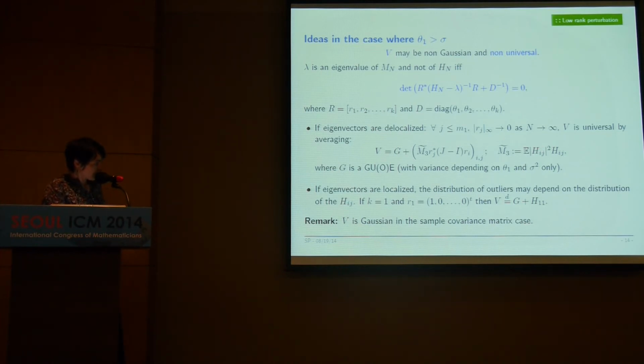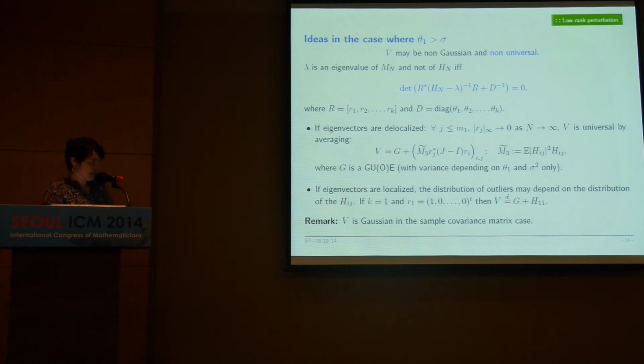On the other side, if eigenvectors associated to θ1 are localized, then we may focus on the fluctuations of one entry of the resolvent, and I will only give the worst case. This has been considered by Capitaine, Donati-Martin, and Féral first. So this is the case where k is equal to 1, and so there was just one non-zero eigenvalue, and the associated eigenvector is the first canonical vector basis.